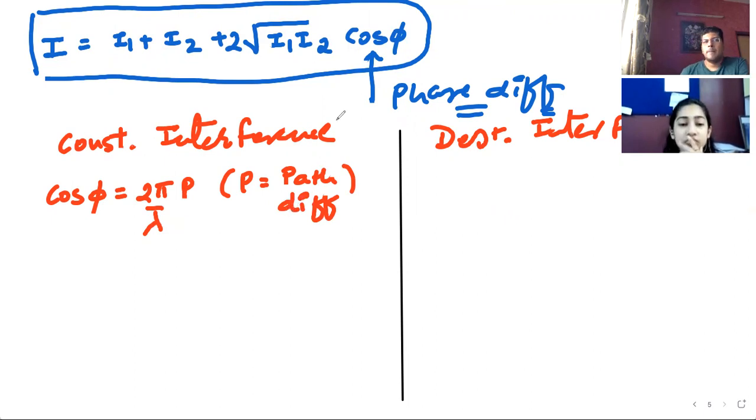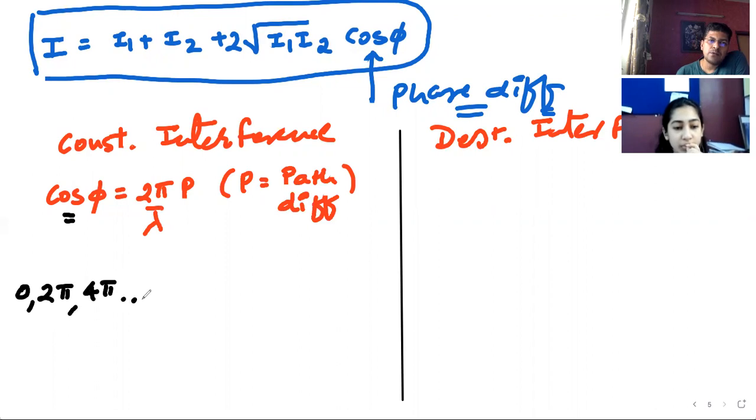Chalo, let's say my phi is either 0, 2 pi, 4 pi, and so on, equals 2 pi by lambda into p. So first of all, I'm covering that 0: 2 pi by lambda p equals 0.